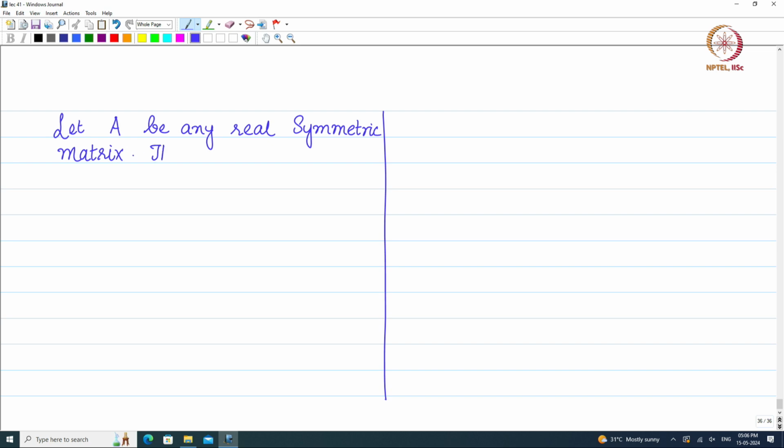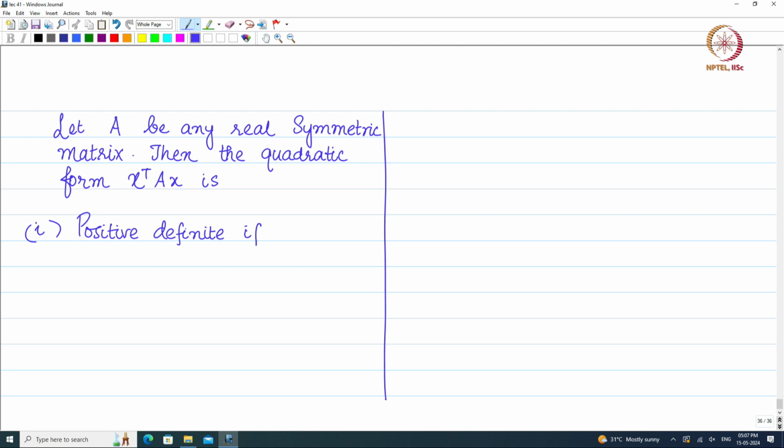Then the quadratic form x transpose A x is, one, positive semi-definite or positive definite if the eigenvalues of A are all positive.